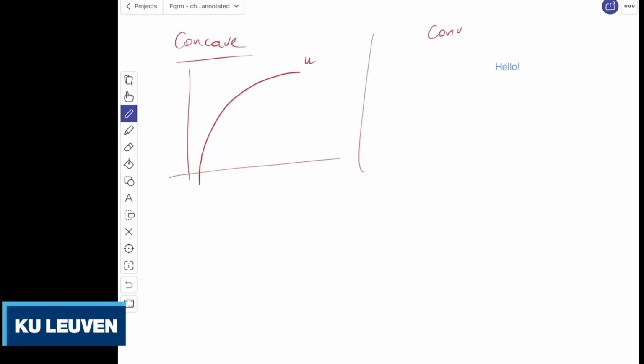Convexity. A convex utility function is a utility function that, for example, looks like this. In a convex utility function, and that's again in the quiz question, the decision maker prefers the risk with the highest variability, because a convex decision maker is looking at the upside.